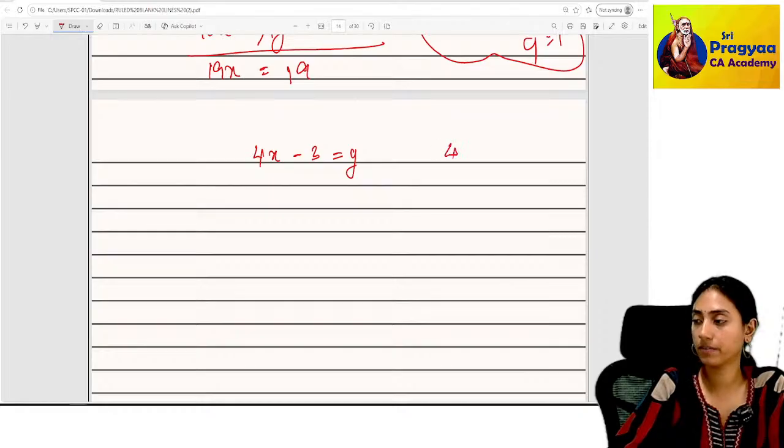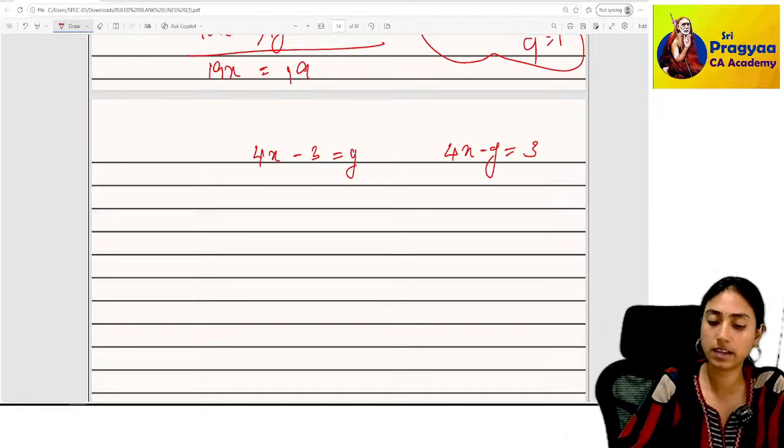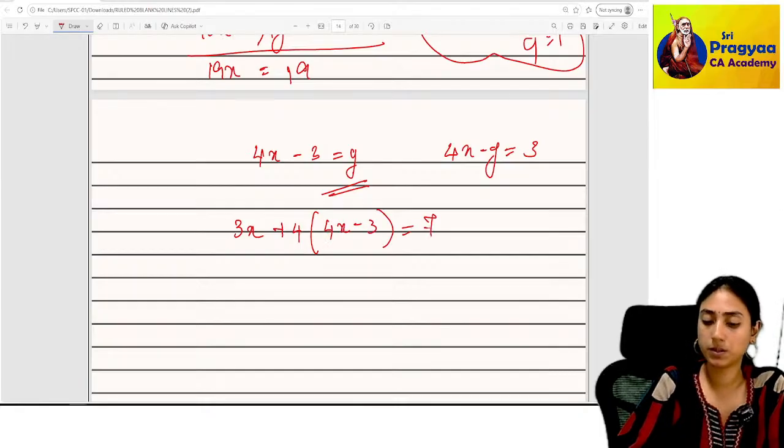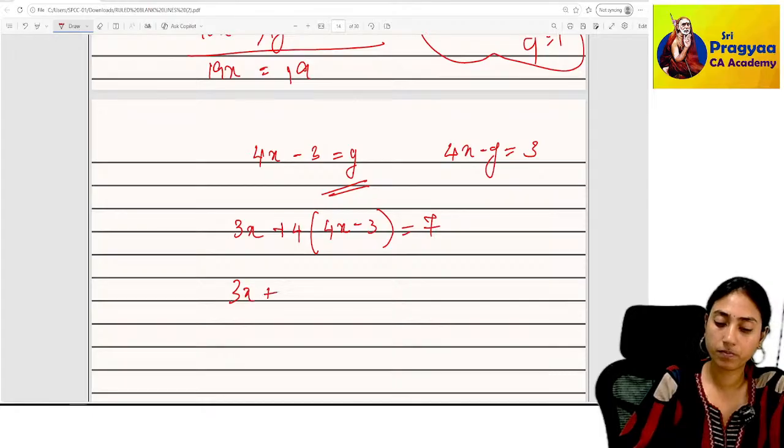Another way of solving this is, what did I have? x minus y is equal to 3, correct? Take y on that side and 3 on this side. I'll get this. Okay. Substitute this in the first equation. What will I get? 3x plus 4 into, instead of y, I am substituting this value, is equal to 7. 3x plus 4x minus 12 is equal to 7. 7x is equal to.